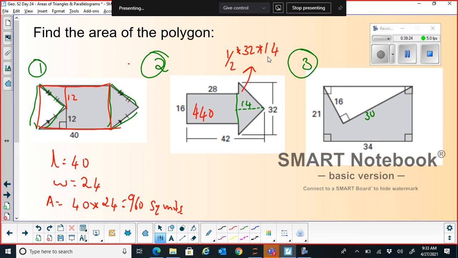So if I do that, I'll get 32 times 14 divided by 2, which gives us 224. So 224 is this particular area, and the total area of the shaded region is 440 plus 224, which is 664. 664 square units.